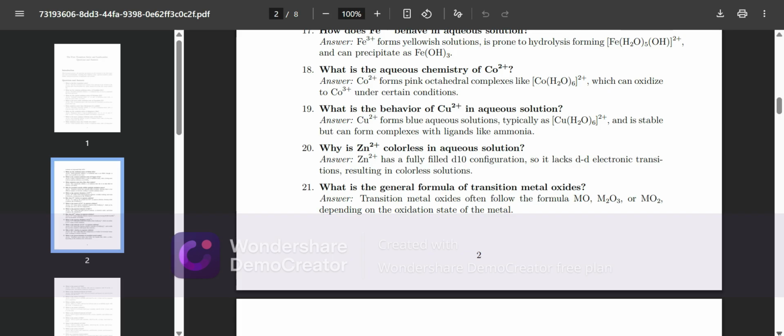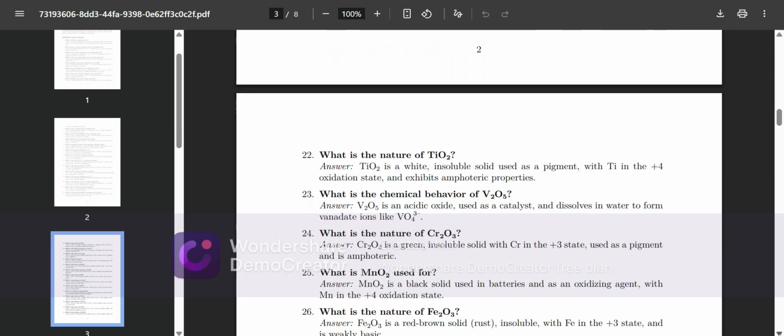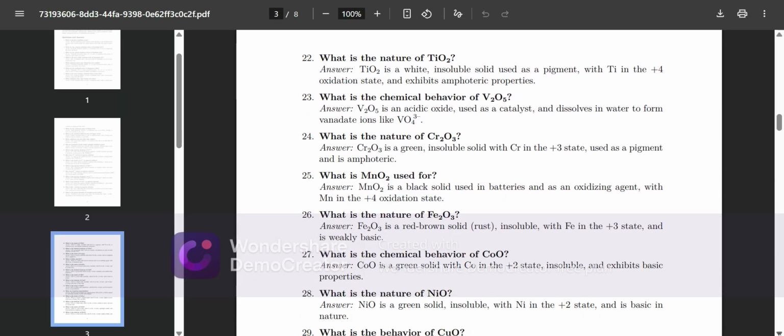What is the general formula of transition metal oxides? Transition metal oxides often follow the formula MO, M2O3 or MO2, depending on the oxidation state of the metal. What is the nature of TiO2? TiO2 is a white insoluble solid used as a pigment, with Ti in the +4 oxidation state, and exhibits amphoteric properties.